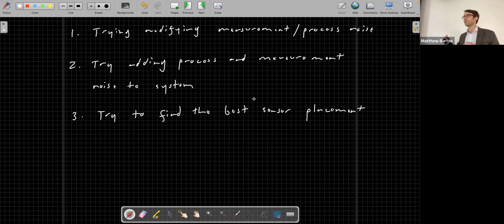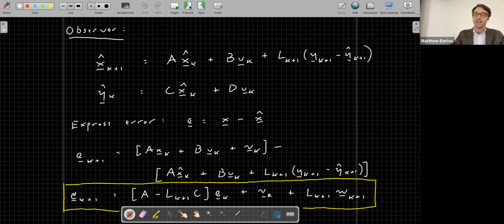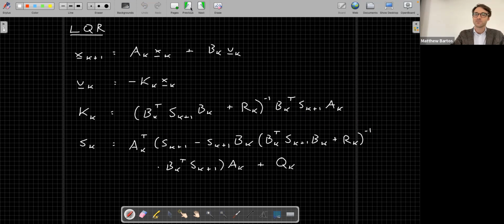One quick note I wanted to make, it may not have been apparent just from how quickly I showed these slides, but if you look at the LQE recursion and the LQR recursion, they're almost the same. It's just the matrices inside of them are switched around.